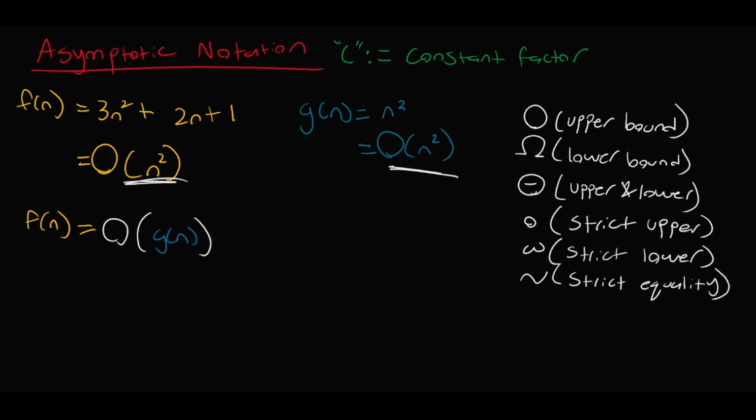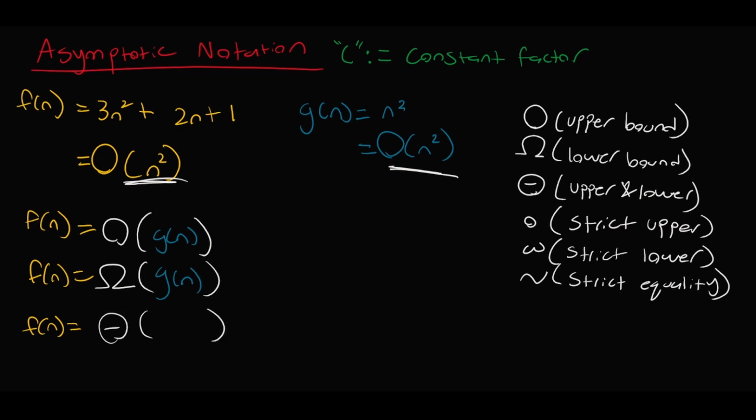And n squared doesn't really get any smaller than n squared, so we can say that f of n is omega of g of n. And then we can say that since they're both upper and lower bound, we have f of n is theta of g of n.